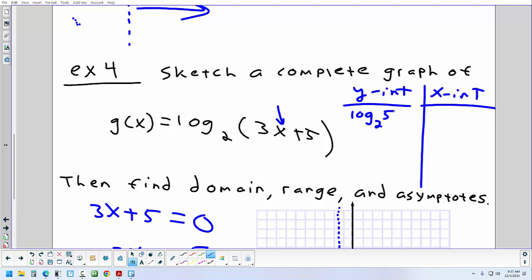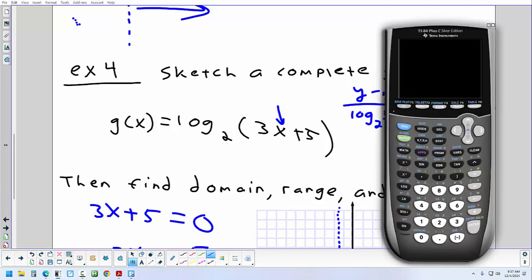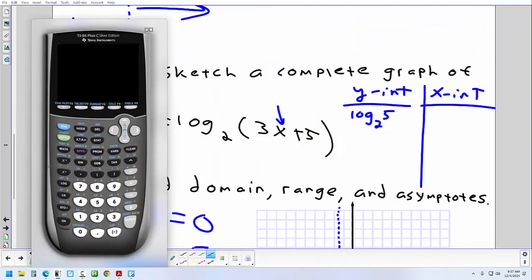Is that a base 10 or a base e? Nope. Then I need to figure out how I am going to put that in on the calculator.